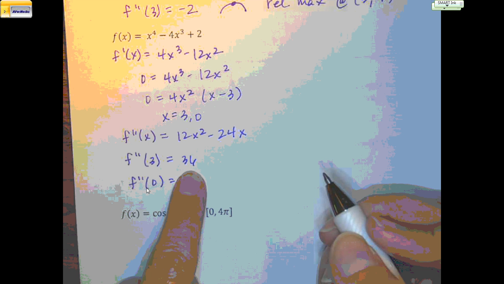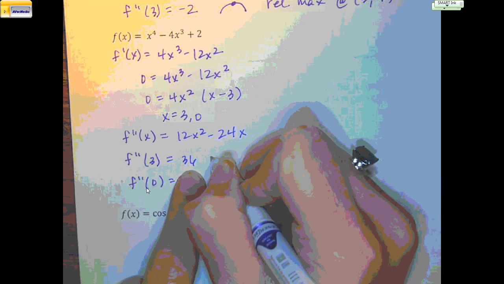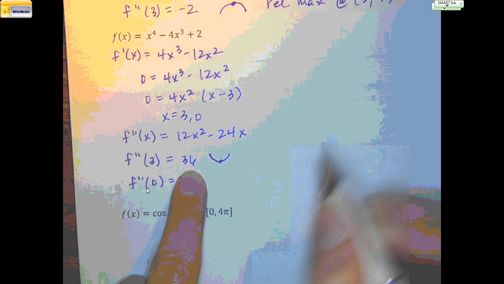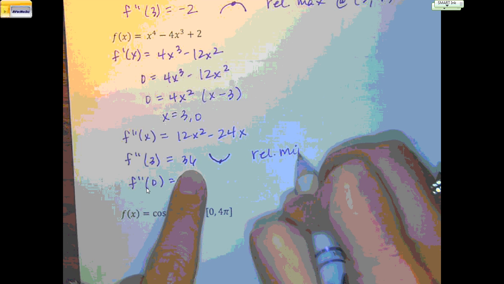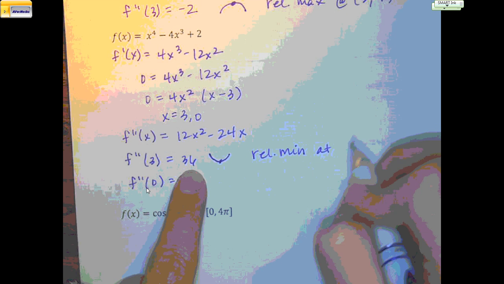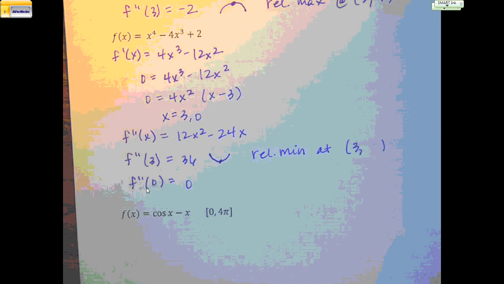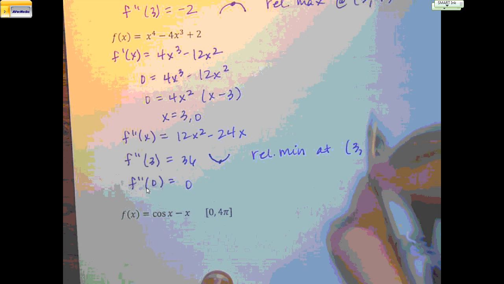What does that tell me? It means it's concave up, which means that I just found a minimum. So the relative minimum at 3 comma something. How do I find the something? Plug it into the original. And whenever I do that, I get negative 25.